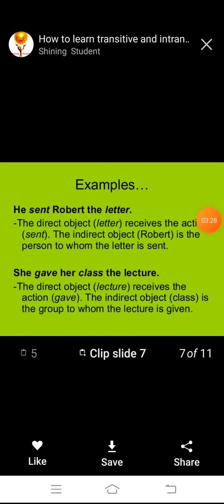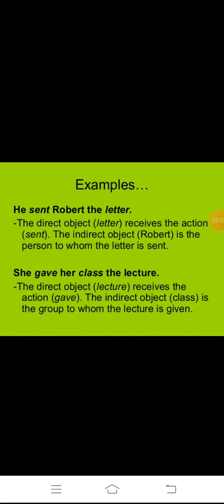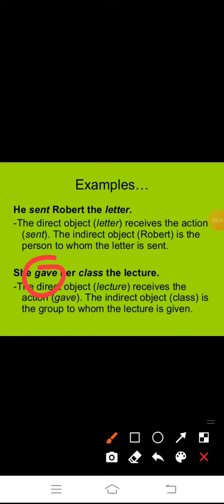Now let us see the next example. She gave her class the lecture. Okay, again we'll ask two questions with gave. From gave, first I will ask a question. She gave what? The lecture. It's a direct object. She gave whom? Her class. It's an indirect object.